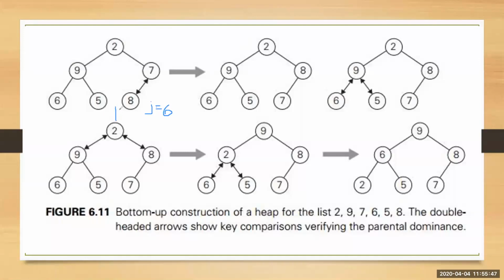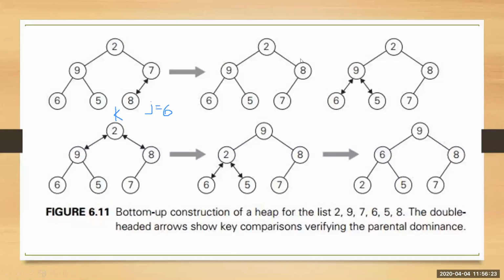So once again you consider this as k, and you check its child, whether 8 has any child. If 8 has any child, then that left child becomes j, which is k into 2, and you will compare that with its parent, and see whether the parental dominance works. So likewise, you have to go deeper until you reach the leaf node, or until the parental dominance is satisfied. Okay, so that is the first iteration.